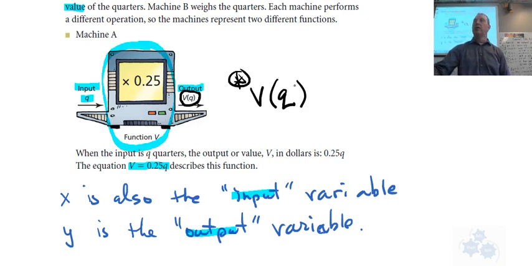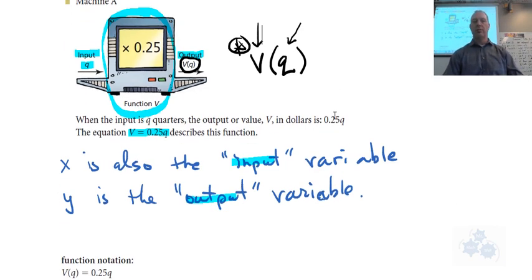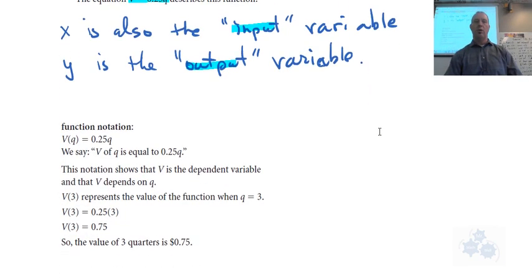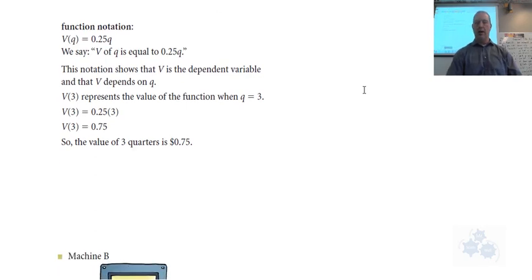This is called function notation, and it has the input variable and the output variable written together. Okay, so let's take a look at the second machine first, and then we'll talk about this, okay? Oh, no, I guess I do function notation now. All right, so function notation. So this v of q is function notation.